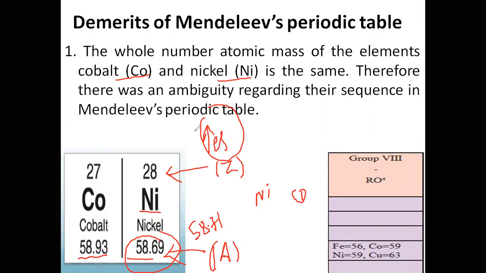But you can see in this table, which is part of Mendeleev's periodic table, cobalt and nickel are considered as whole numbers. It means he arranged the elements by the whole numbers of their atomic masses. That's why there is ambiguity, that is confusion, in arranging elements like cobalt and nickel. So that is the first demerit.